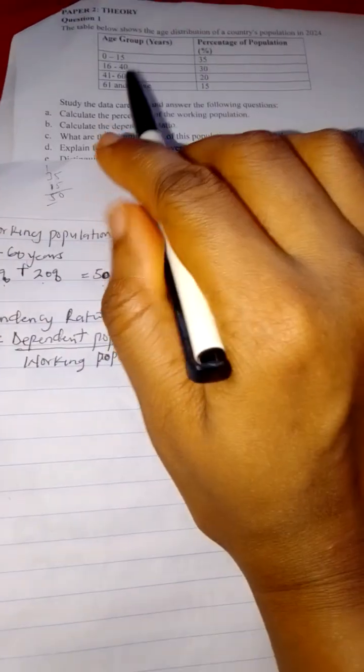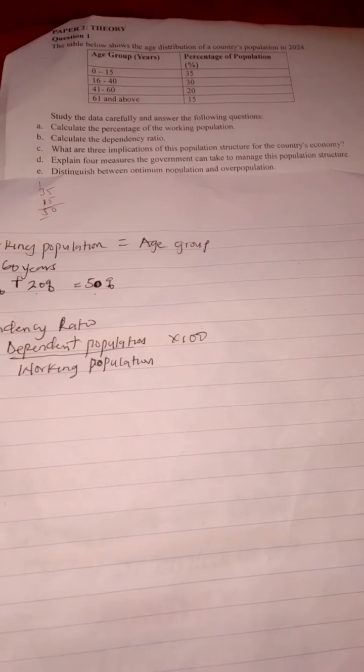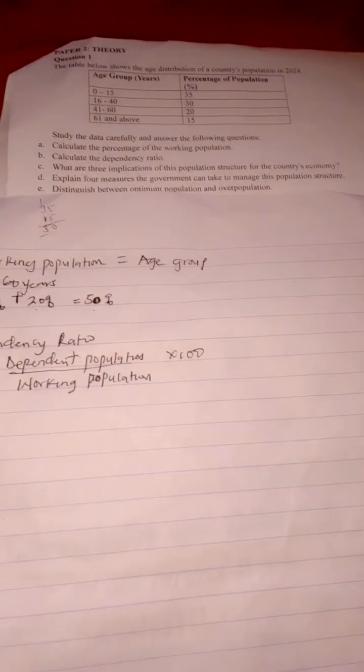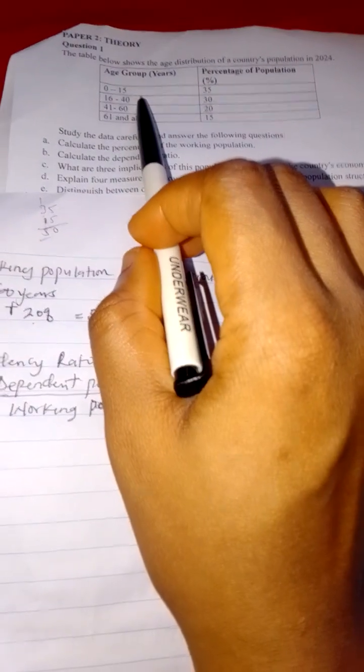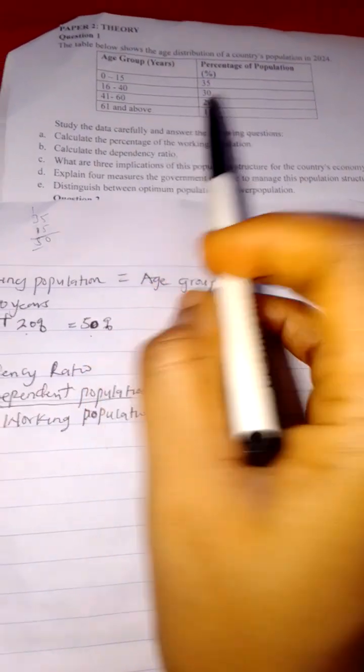We also have 61 and above, those who have retired, are not working and don't have any source of income. So they depend on those who are working.